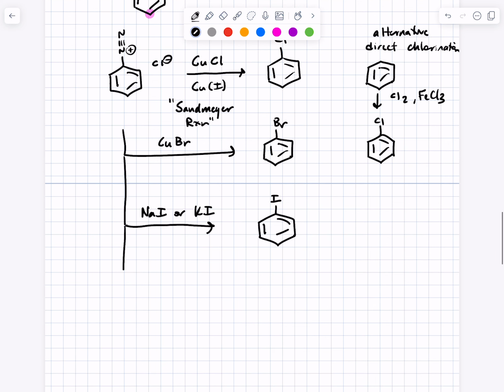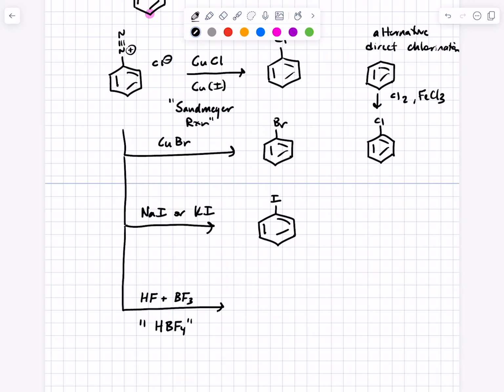Finally, what about fluoride? It turns out that direct fluorination proceeds very, very violently, and so we don't tend to do it. If you use a mixture of HF and BF3, that makes a reagent that your text calls HBF4.